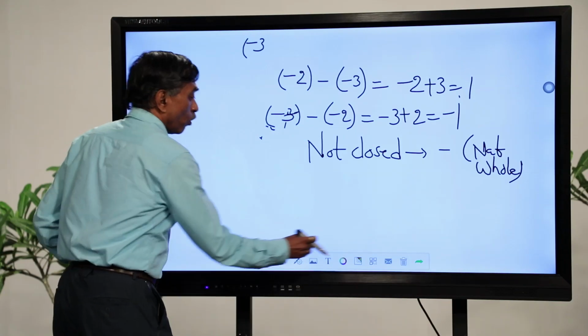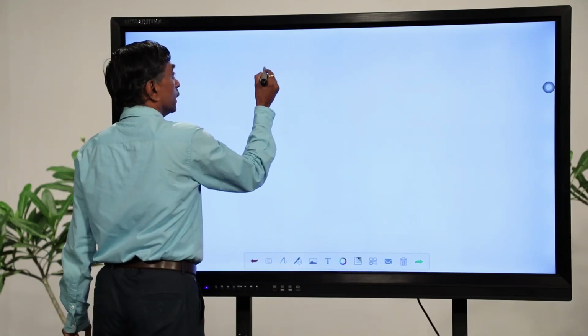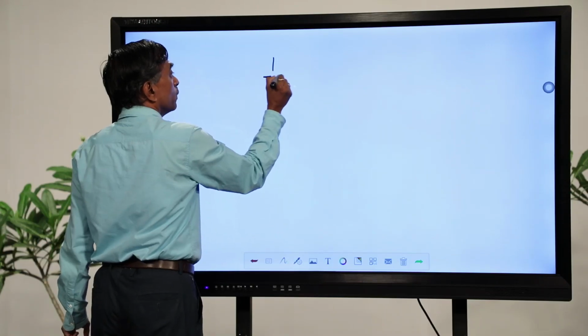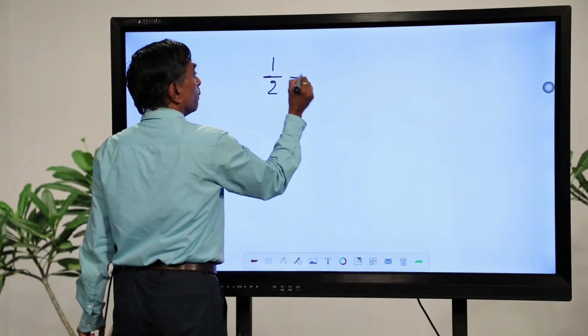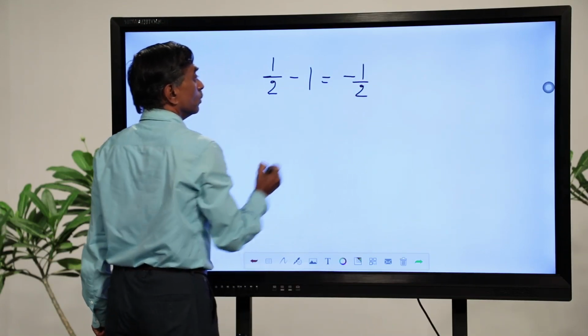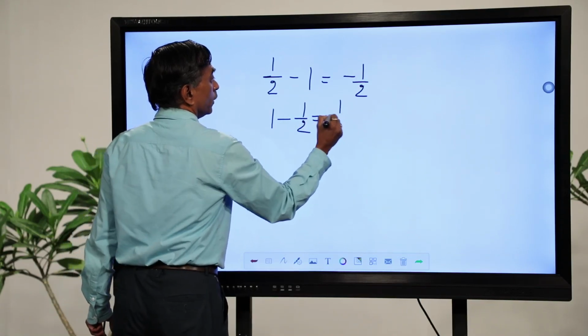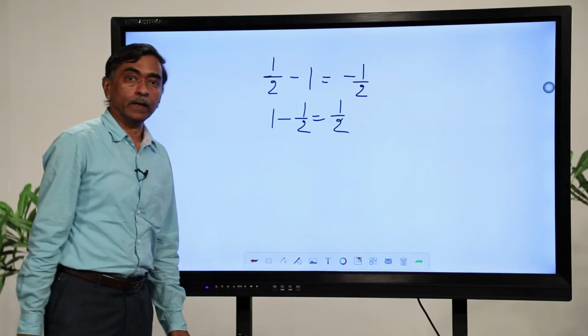Similarly, you can see for the collection of rational numbers. What happens for the collection of rational numbers? I will take the simplest one, 1 by 2 minus 1 if I take, what do you get here? Minus 1 by 2. But you do the other way around, 1 minus 1 by 2, you are going to get here 1 by 2 simply.